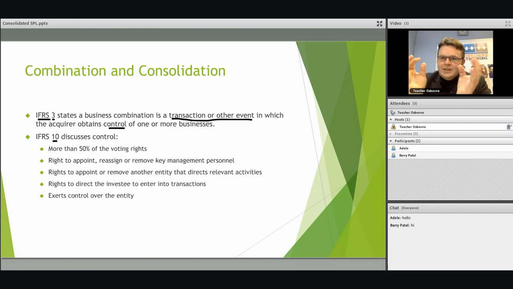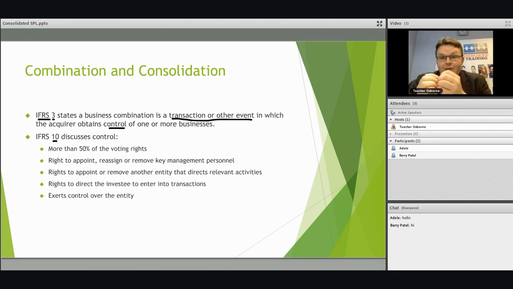We see small companies being bought out by larger companies. For example, Google purchases small independent technology companies so that they can bring the knowledge and skill sets together. Google is a massive corporation and has a lot of subsidiaries. All of this would be dealt with under IFRS 3 and 10.